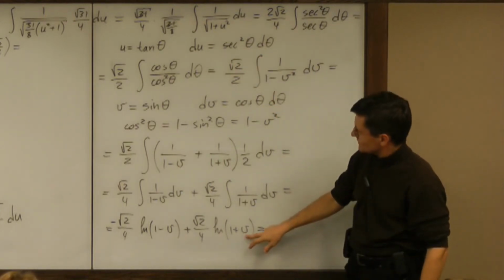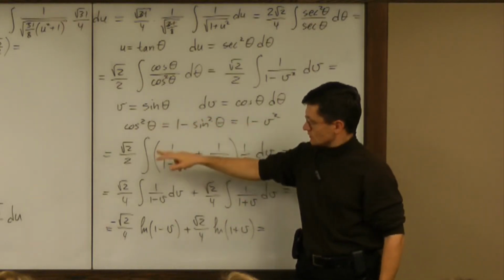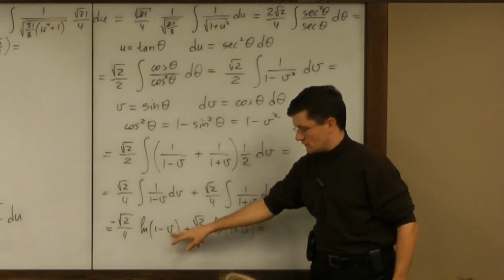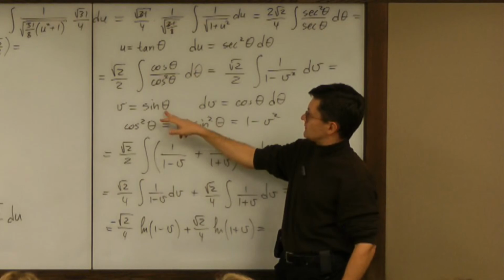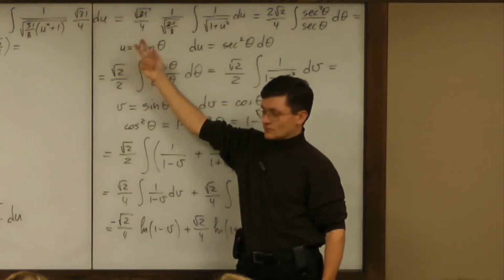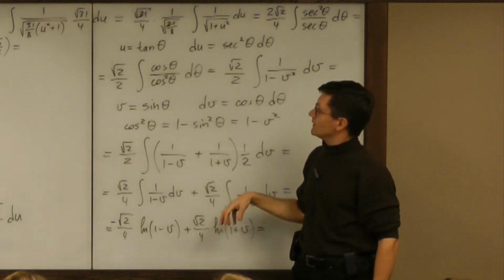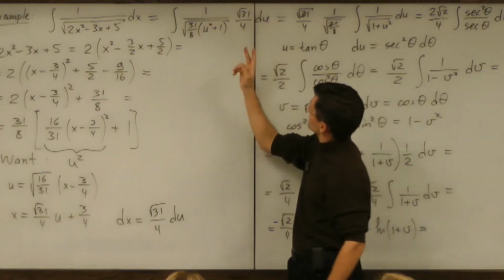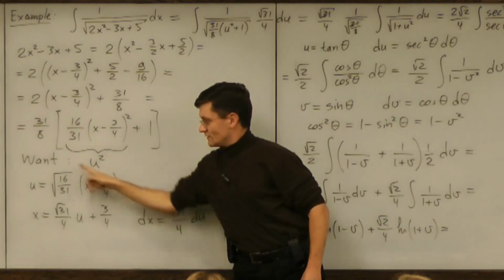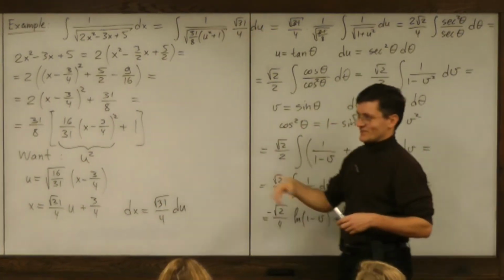I recognize what the v is in relation to theta. So I replace v with sine of theta there. Then what is theta? Well, theta is tan inverse of u. I will replace every occurrence of theta with tan inverse of u. And then u is, in fact, that simple thing in terms of x. So I will replace all the occurrences of u with that thing.